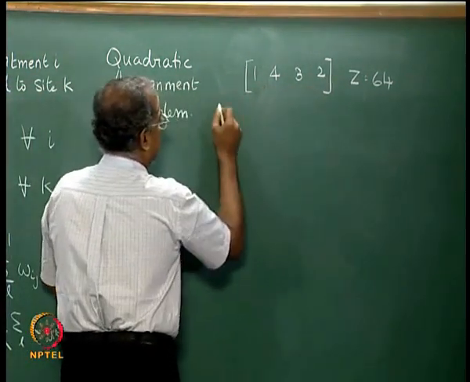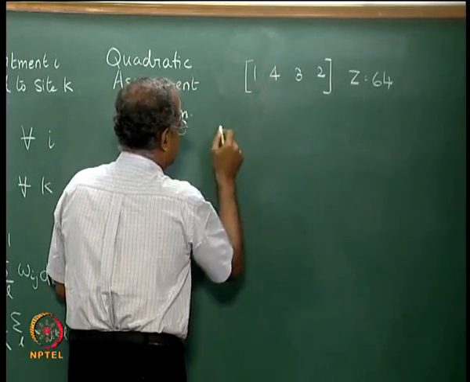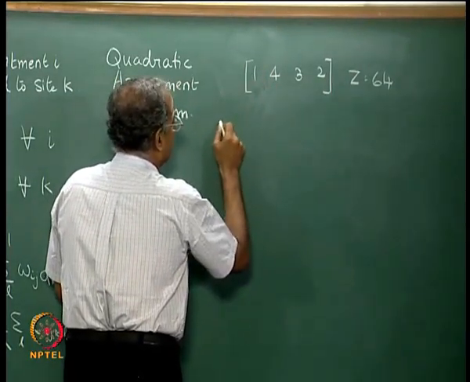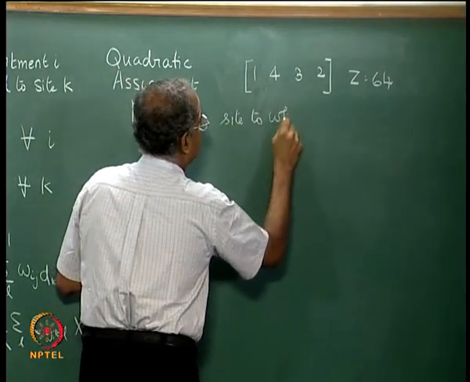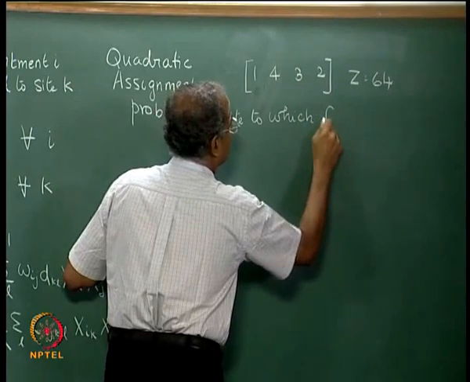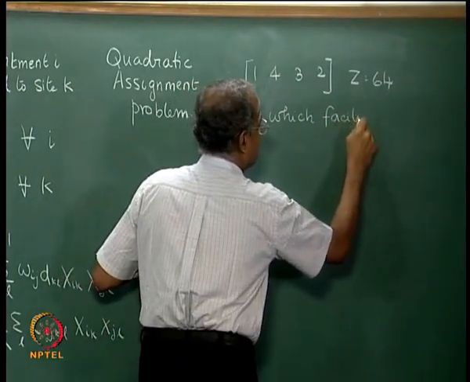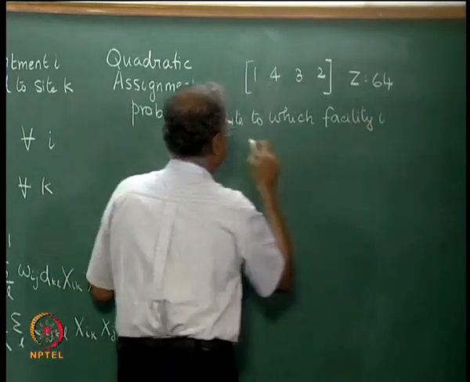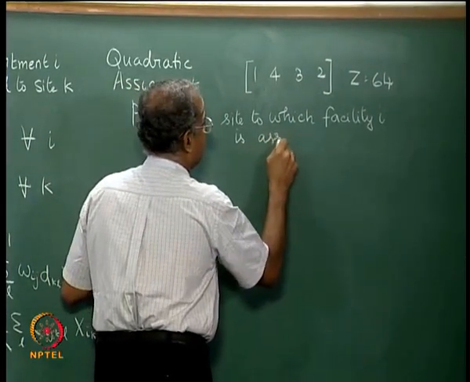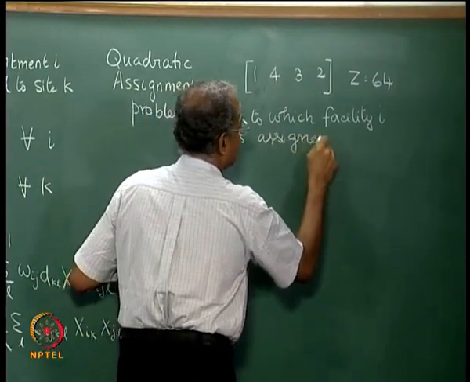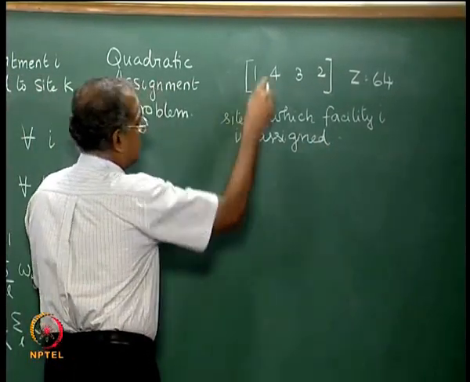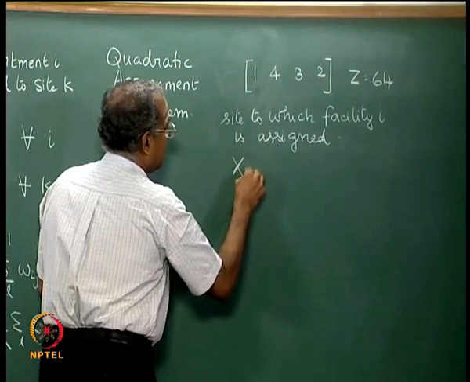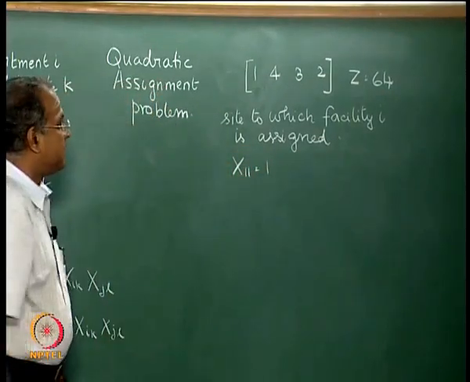So, in this notation, each position represents the site to which facility i is assigned. So, this would mean that facility 1 is assigned to site 1, so x_11 equal to 1.